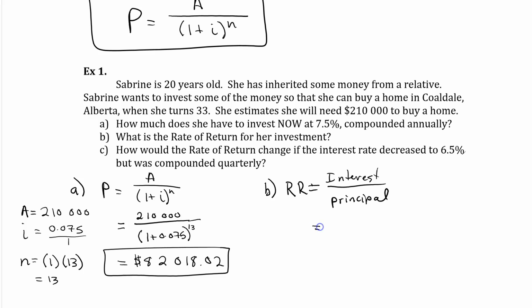Okay, so our interest earned is going to be the difference between 210,000 and what we initially invested. So 210,000 minus 82,018.02 all over the principal, which will be 82,018.02.